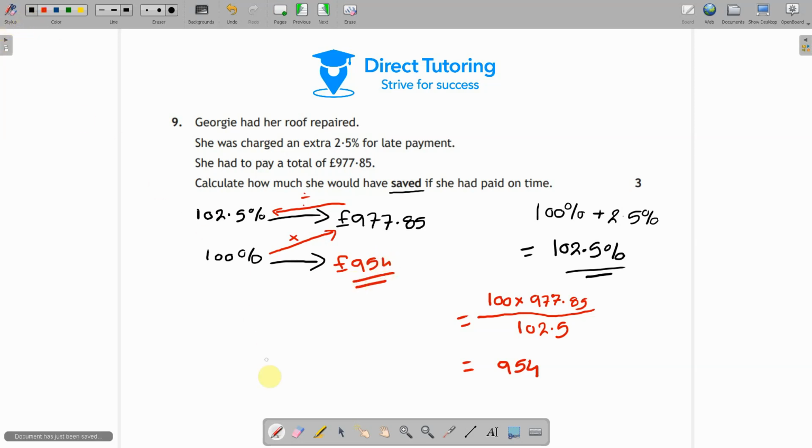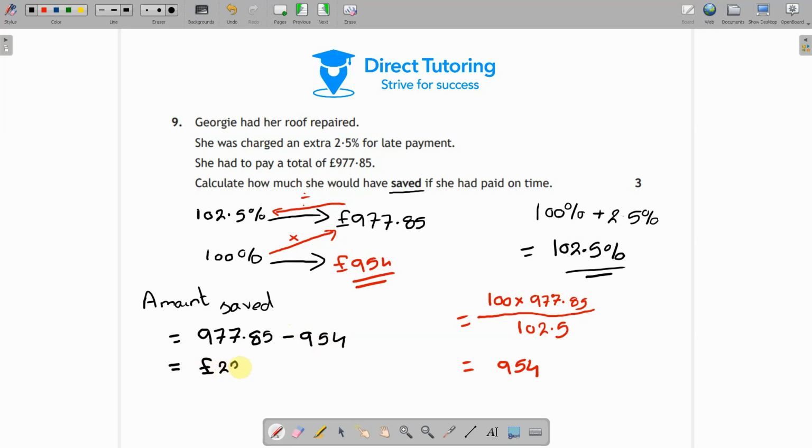So, fairly self-explanatory now, the amount saved is going to be the 977.85 that she had to pay minus the 954, which will give us a saving of £23.85.